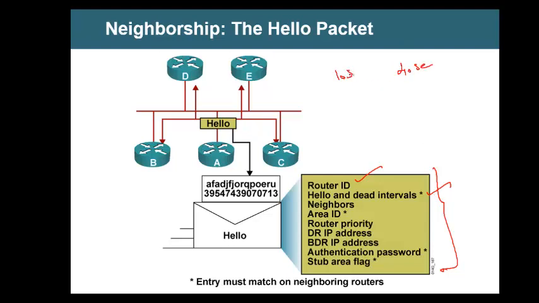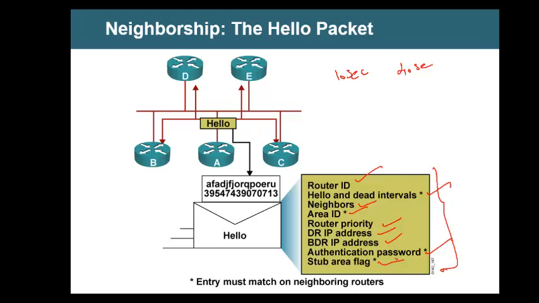These timer informations are shared in the hello packet. Neighbor list, area ID, router priority, the designated router address, the backup designated router address, authentication password if enabled, stub if enabled.